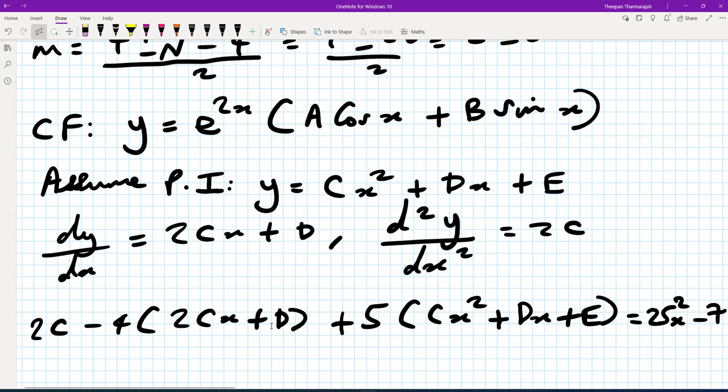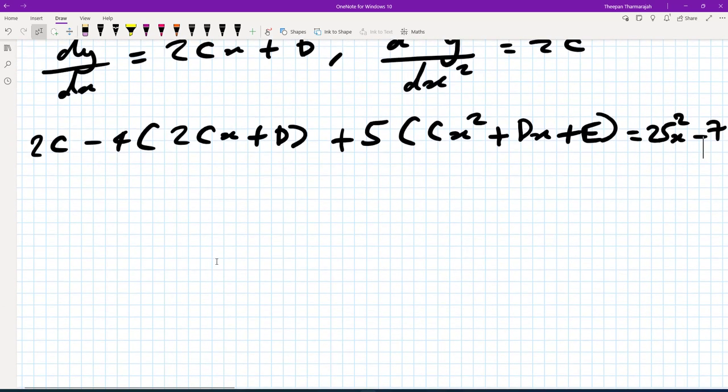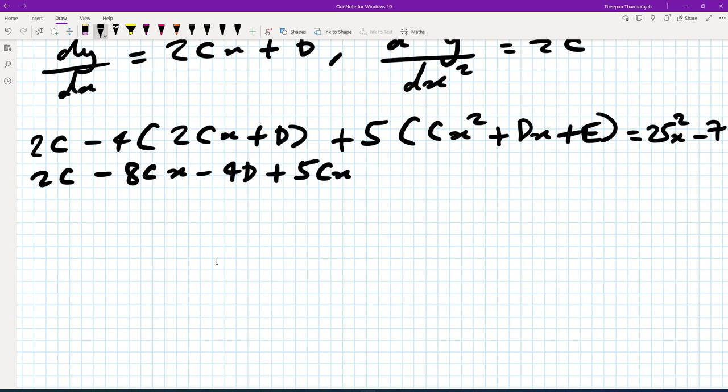So again, we're going to expand the brackets out here. So it's going to be 2c minus 8cx minus 4d plus 5cx squared plus 5dx plus 5e equals 25x squared minus 7.